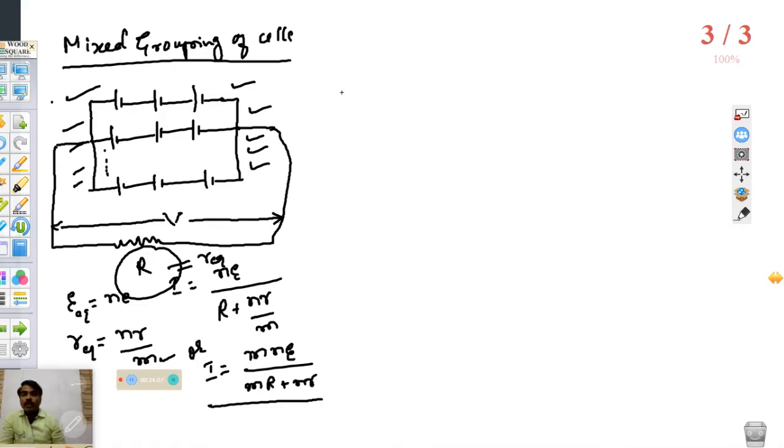So that value we can write R is equal to N times r divided by M. Which implies M times R is equal to N times r. So number of rows, number of cells we can write. So only at this condition I will be maximum.